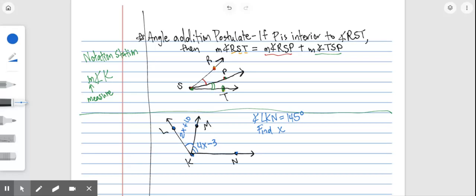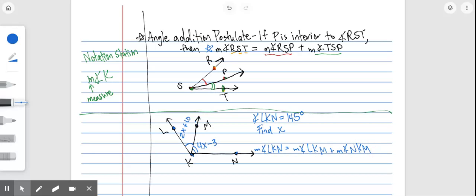My mission is to find x. So I'm going to use this equation from the angle addition postulate. So I know that the measure of angle LKN equals the measure of angle LKM plus the measure of angle NKM.